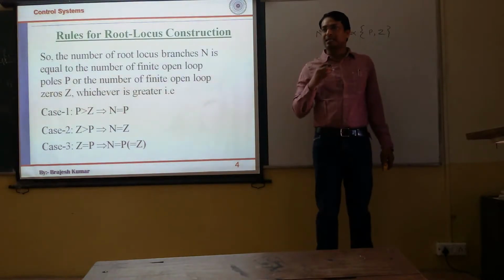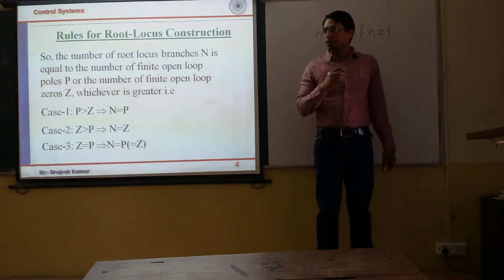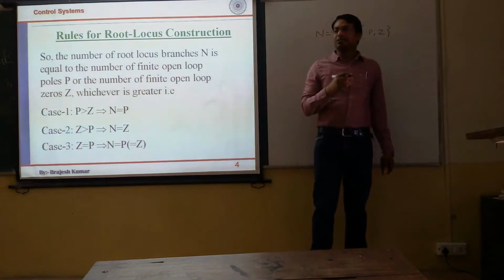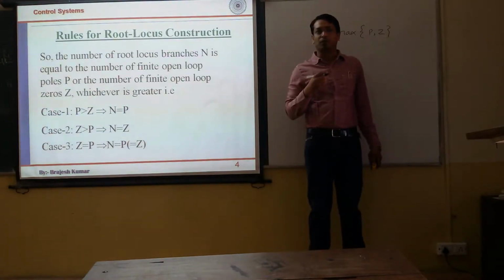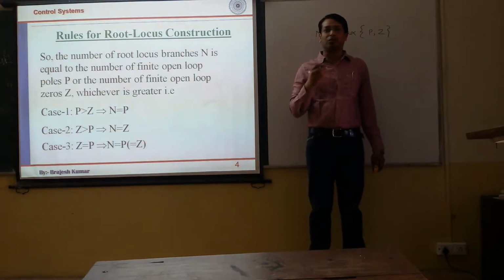So we have just said that the root locus will start from poles at K equal to 0 and end at zeros. But suppose N is not equal to P, so what will happen when P is not equal to Z? It may be greater or it may be less.